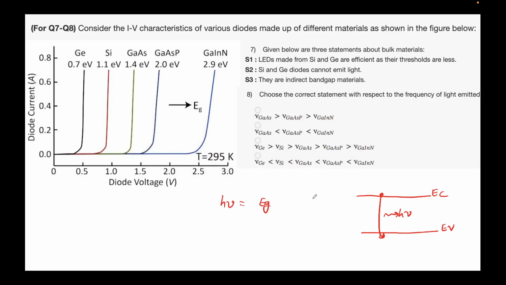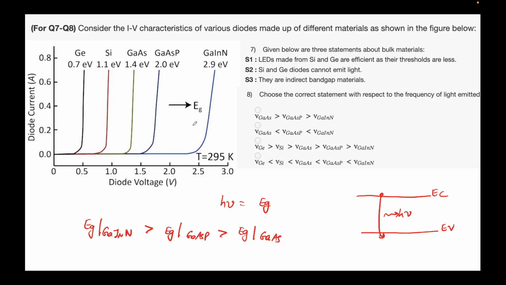So now we know that Eg of gallium indium nitride is greater than Eg of gallium arsenide phosphide, which is greater than Eg of gallium arsenide.